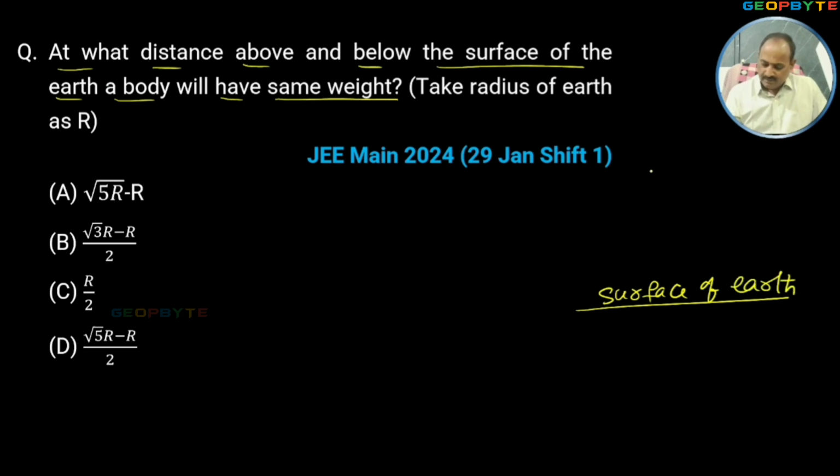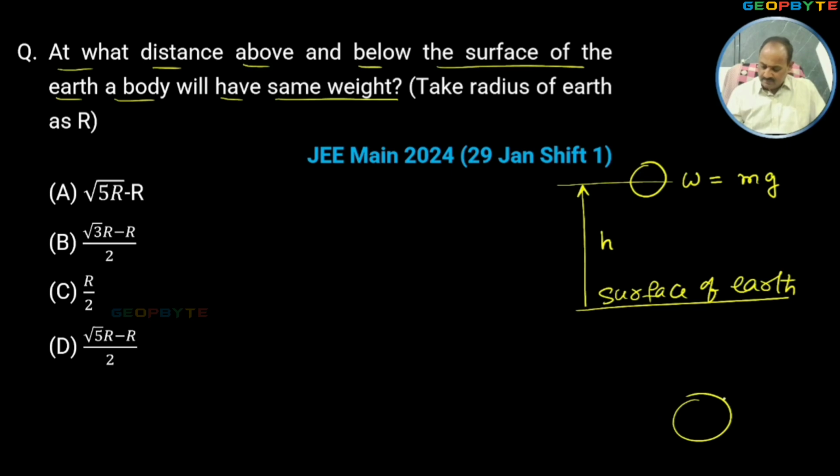Let us take a body at a height h from the surface of the earth, where the weight is mg. Similarly, you take the same body below the surface of the earth, at a depth, let it be h, where the weight is mg.